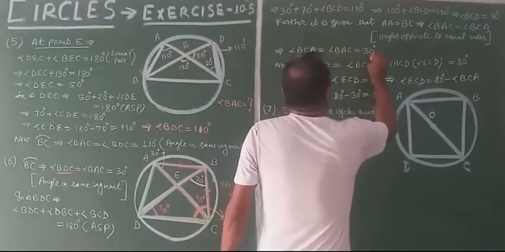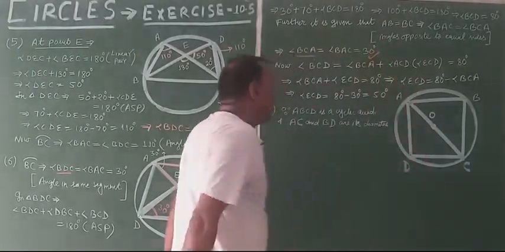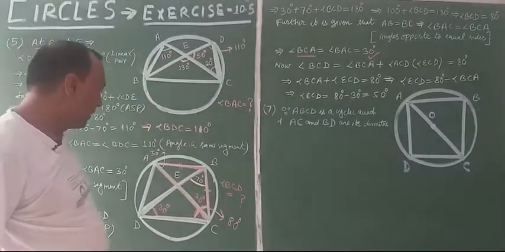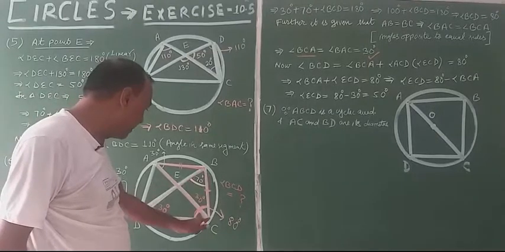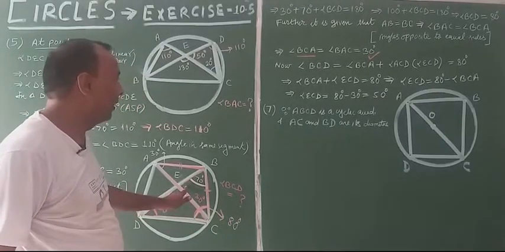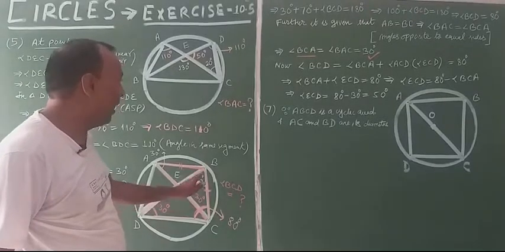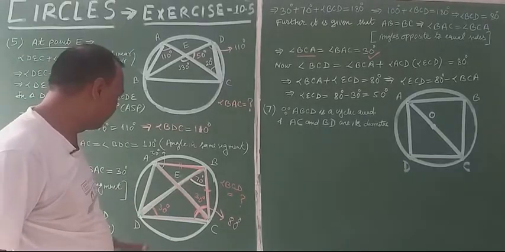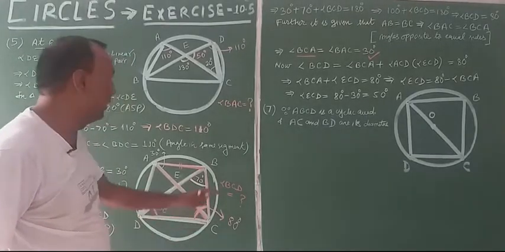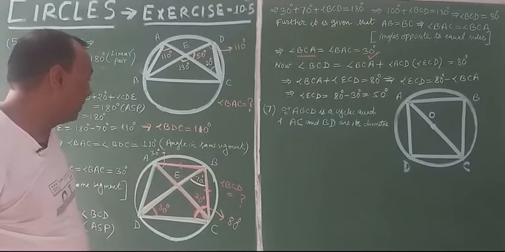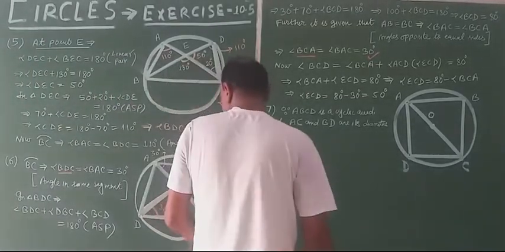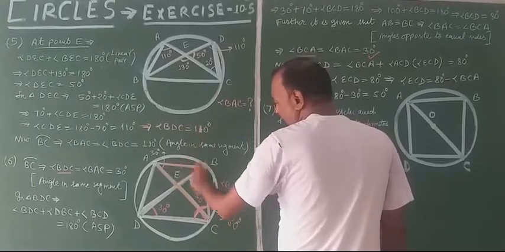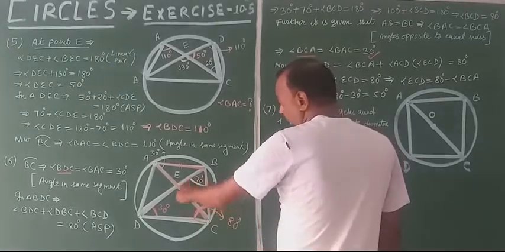Now just look at what is angle BCD. Angle BCD is the sum of angle BCA plus ACD.